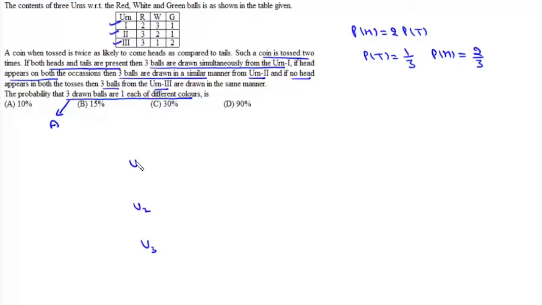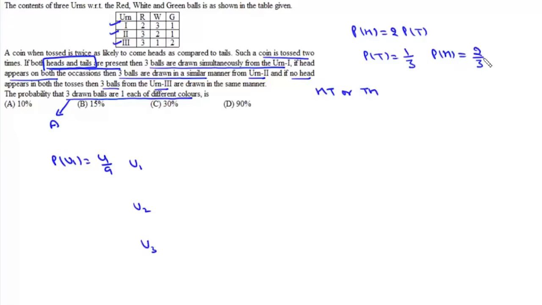Now probability of choosing urn 1: we choose urn 1 when both heads and tails are present. So we get 2 cases, either HT or TH. It will be 2 by 9 plus 2 by 9, which is 4 by 9. So probability of choosing urn 1 is 4 by 9. Now we get U2 when both are heads, HH.